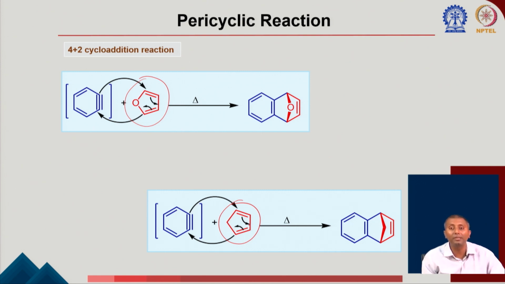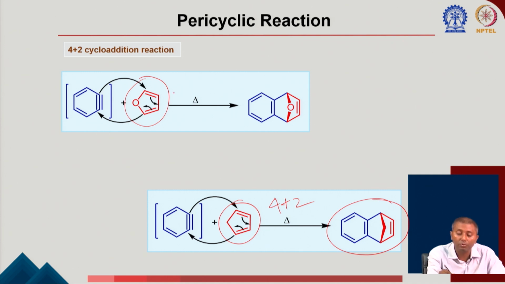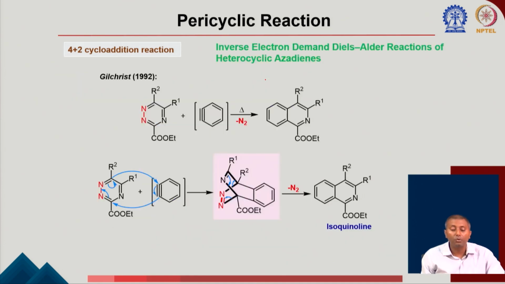If you have a 1,3-diene, there has to be a rotation to make sure it can be in the s-cis conformation for the reaction to happen. But here this is already the case, so it can form this 4+2 product. Also, if you have a furan, it can go through the 4+2 cycloaddition to give the corresponding product. If you have learned the 4+2 cycloaddition, there are two different types. One we talk about is the normal 4+2 cycloaddition.